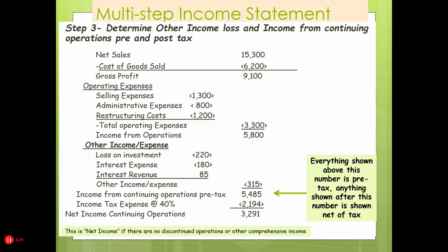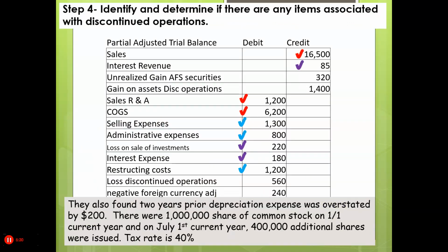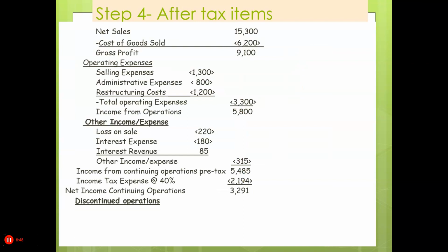This would be your net income if there's no discontinued operations or other comprehensive income. But in our case, we have none. So now we're going to identify and determine if there's any items associated with discontinued operations, and there are. We have a gain on the sale of the assets, and we have a loss that was recorded until the item was sold. So we're going to do discontinued operations. Remember, net of tax.